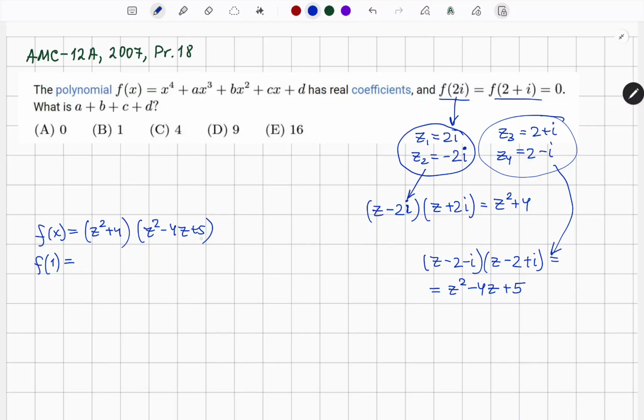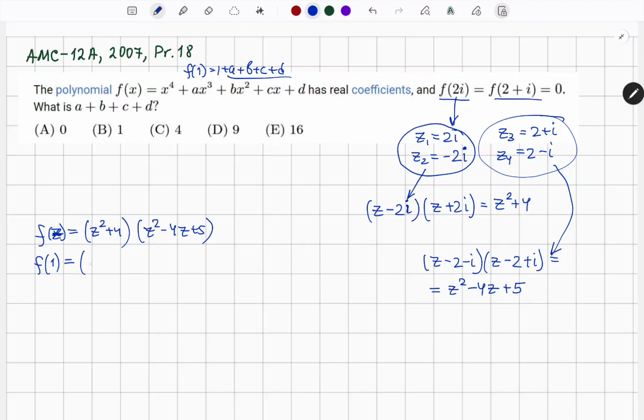Let's consider f of 1. What is it according to this notation? f of 1 is 1 plus a plus b plus c plus d, which is just one bigger than the value they're asking for. So let's find f of 1 when f of z is factorized.